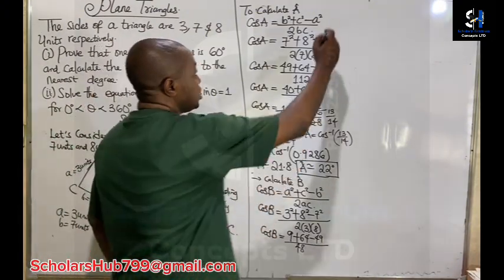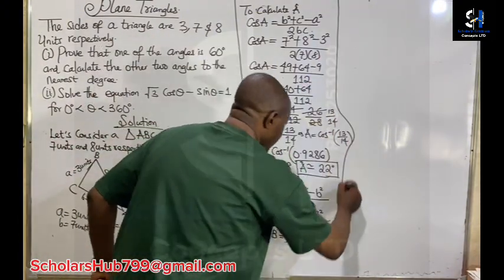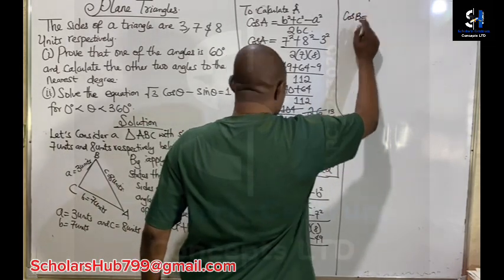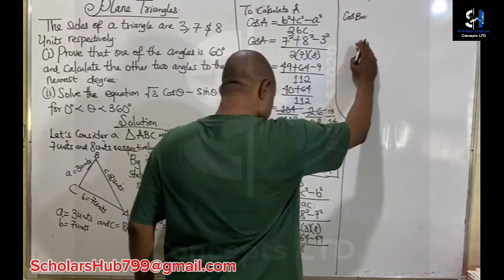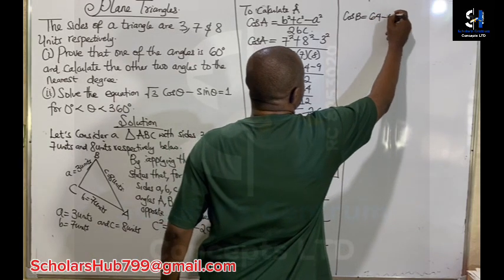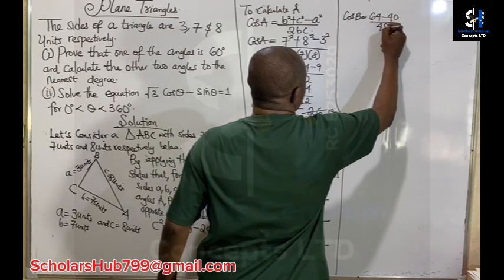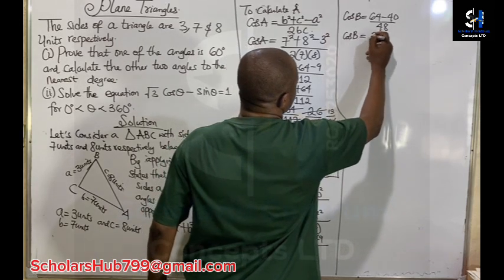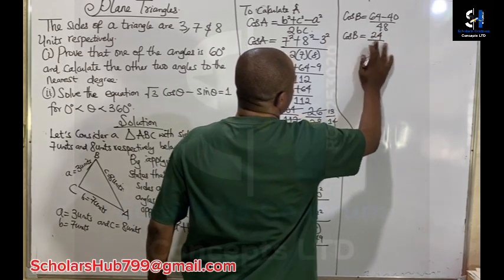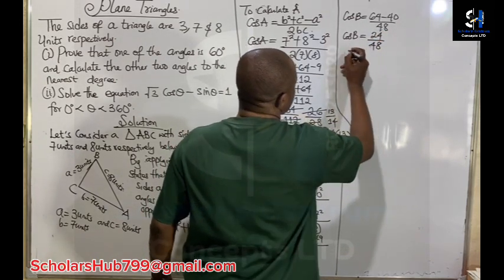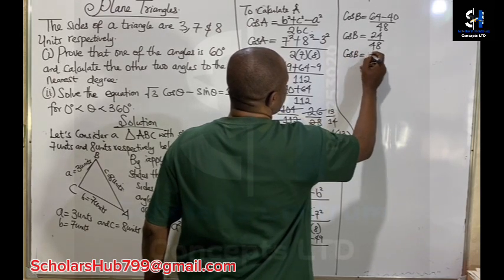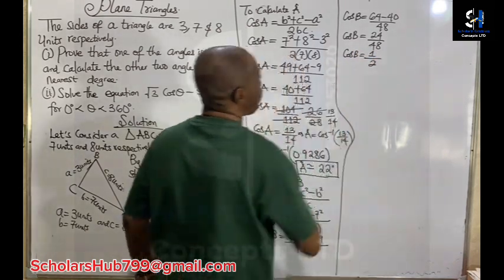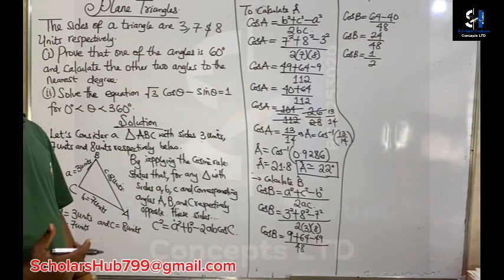So cos B equals 64 minus 40 all over 48. Then cos B equals 24 out of 48. So cos B equals 1 over 2. Yeah, 24 times 2 is 48.